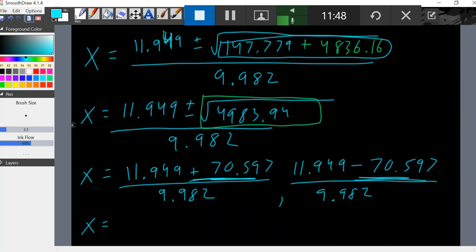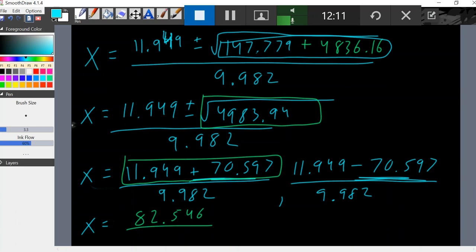So let's go ahead and write our second to last line, because here we now would like to add what is on the top. And so I can do 11.949 plus 70.597, and we're going to get 82.546 all over, and just back in this blue to show you didn't change, this 9.982, comma.